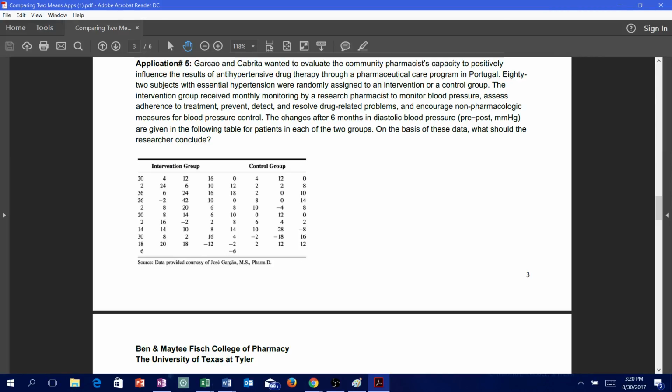Are we supposed to put units on the confidence intervals? I haven't been. I don't know.